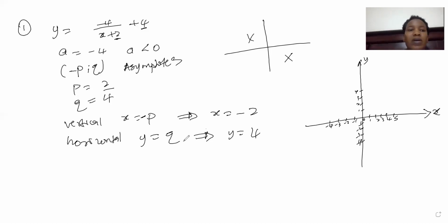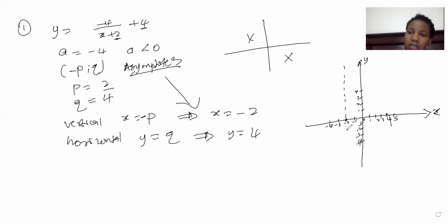We set our asymptotes. x equals negative 2 is the asymptote, so our graph is not going to touch this line. It's supposed to be a dotted line. And the other one is y equals 4. Our graph is not going to touch this line either. Those are the asymptotes.